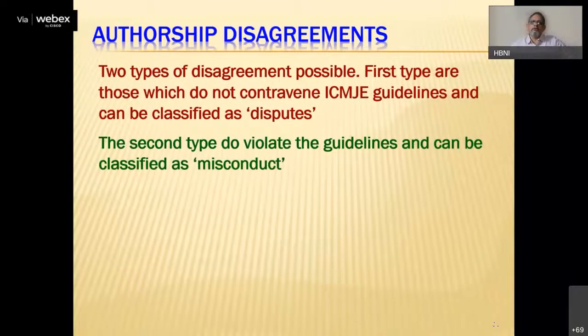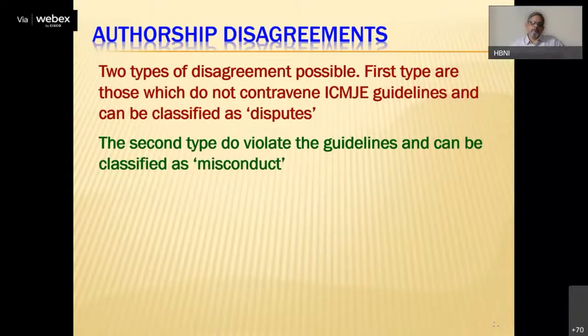Then what could be disagreements in authorship? Now, as far as the ICMJE guidelines are concerned, there are two types of disagreement. The first type are those which do not contravene the ICMJE guidelines. Those disagreements which do not contravene the guidelines are called disputes.